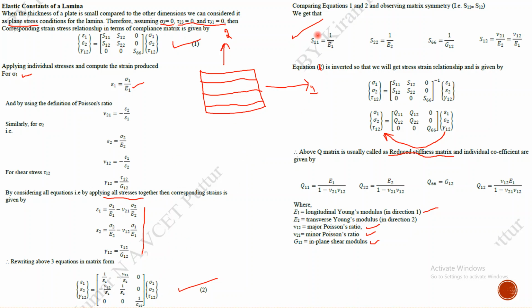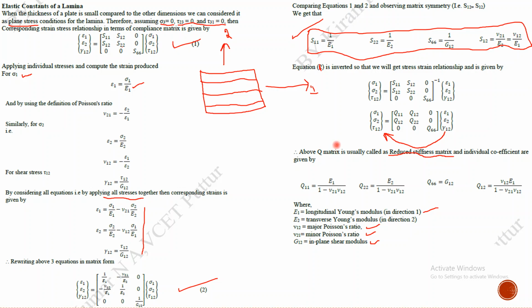One is the values of the compliance matrix, which is much needed to solve a few problems, and the next one is the reduced stiffness matrix. Okay, that is Q. Q represents the reduced stiffness matrix, S represents the compliance matrix.